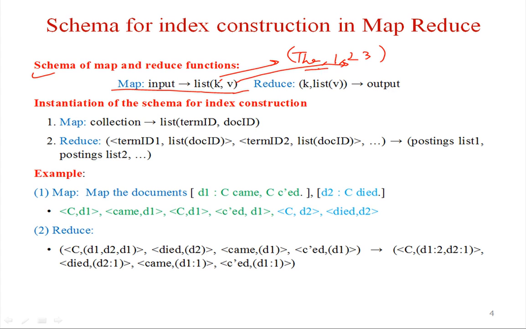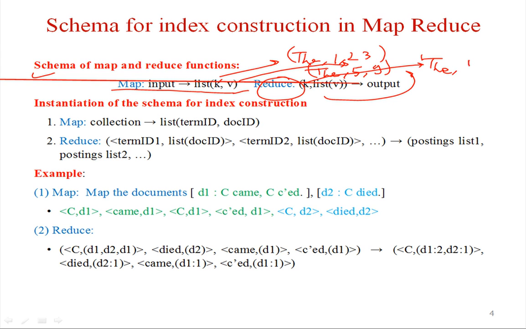And suppose there is another list where it occurs in documents 5 and 9. Then the reduce function will reduce it so that the term is represented by the list 1, 2, 3, 5 and 9. So this is the reduced output.